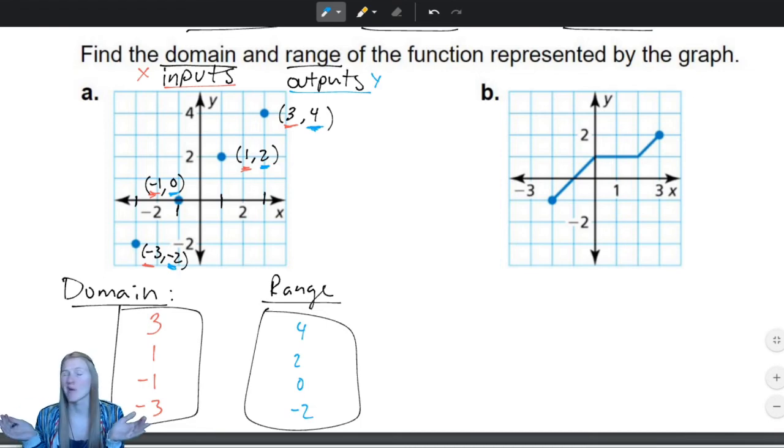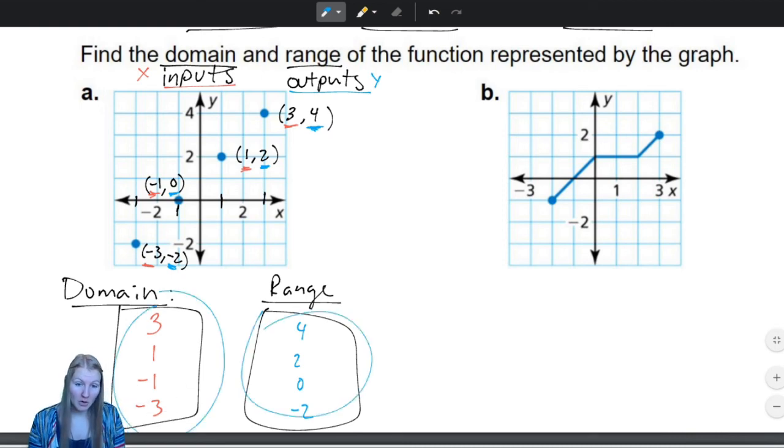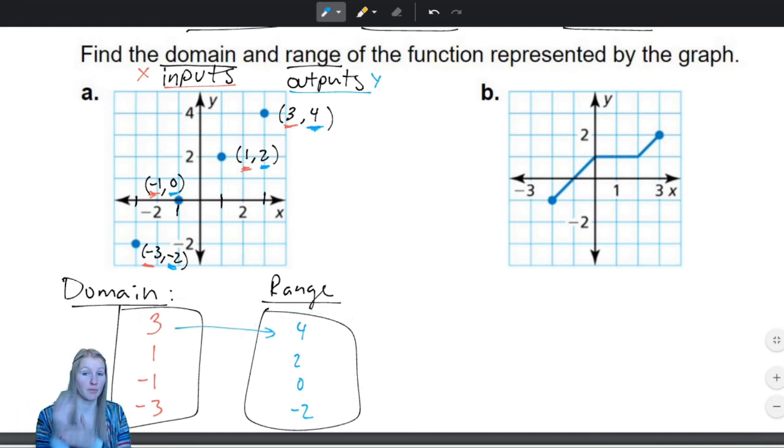Now, when it asks you to find the domain, find the range, you don't need these arrows. It doesn't care about the arrows. If it asks you to find the domain and range, you just need to say, this is my range, this is my domain. The end. You don't need any arrows. If you want to put the arrows there to practice what inputs go with what outputs, go for it. But there you have it.